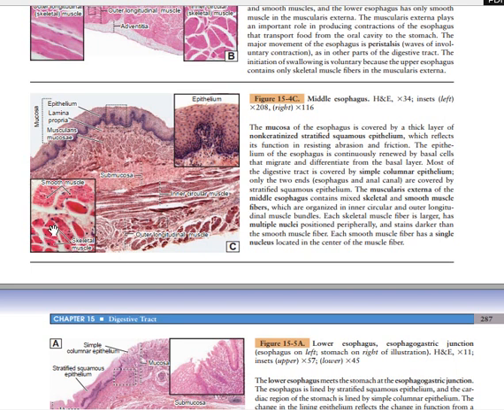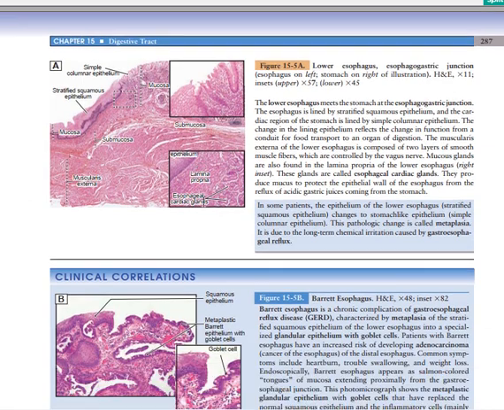Skeletal muscles are striated and cylindrical, while the smooth muscles are not striated and are more spindle in shape. Is it clear? So they are more mixed muscles, both skeletal and smooth muscles, located in the middle esophagus.